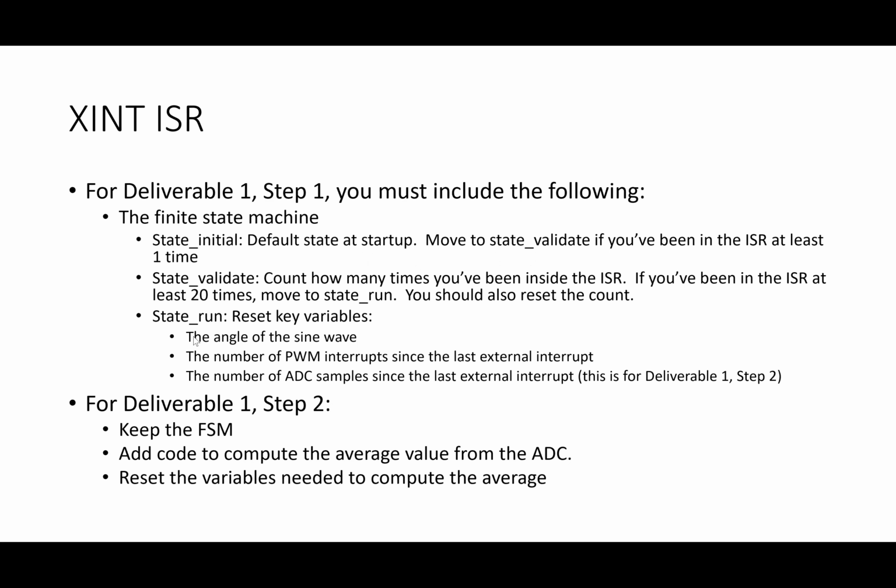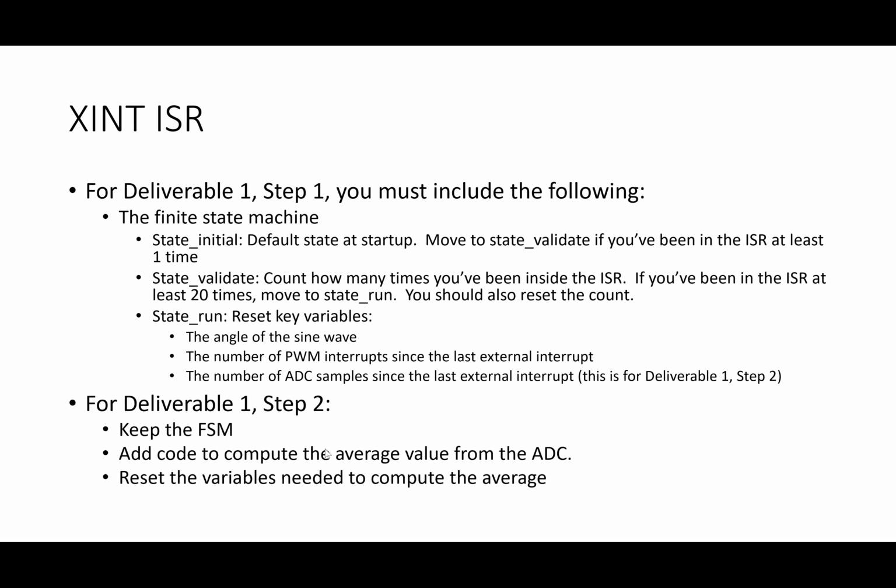Then I talk about the specific needs of each interrupt. The xint ISR contains the finite state machine that we talked about, so here I talk about what's included in that finite state machine, and what you need to add to go into deliverable 1 step 2.